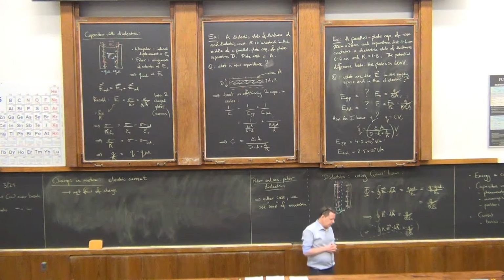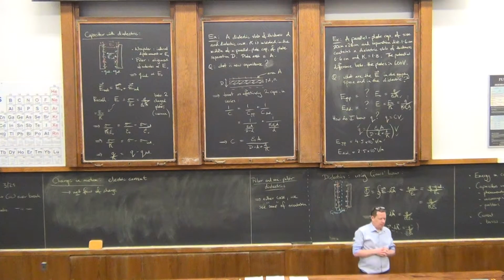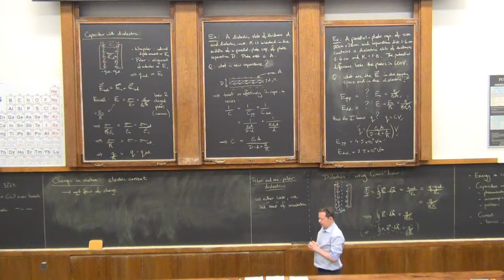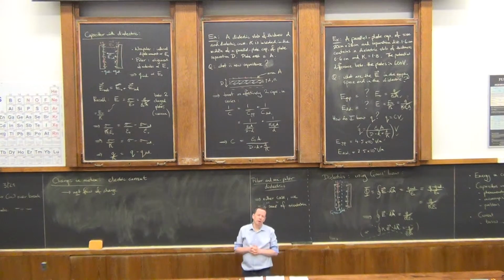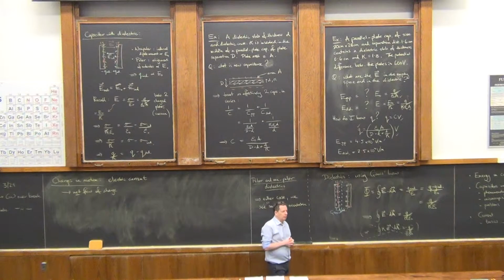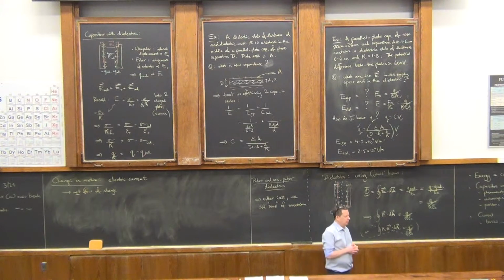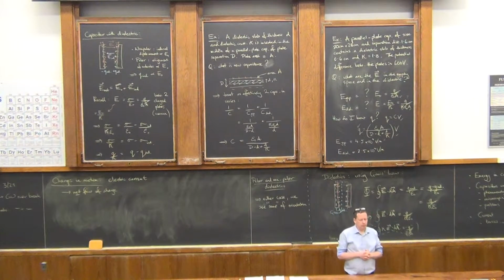In fact, it comes back a little bit to the question I asked about what do you expect the dielectric constant to behave like as a function of temperature. If you think of a conductor in terms of metals, a couple of things to introduce a bit more realism into our understanding.